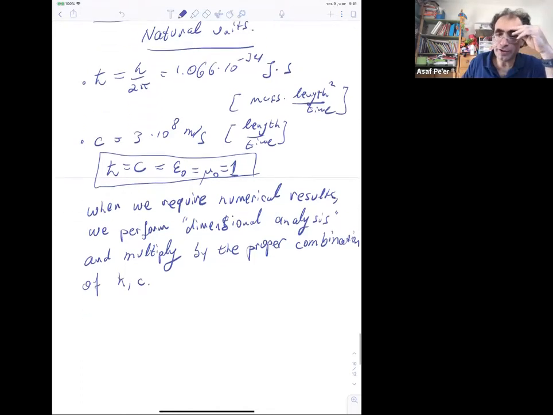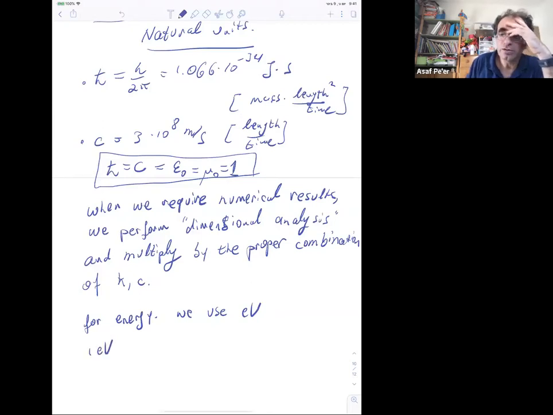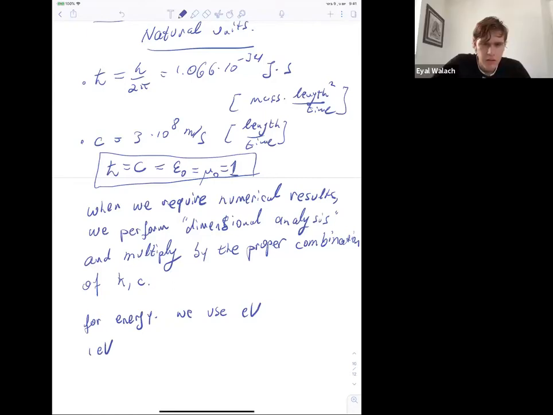So for the energy, the units that we use are electron volts. I already told you it's really GeV, giga electron volt. And of course, what is 1 electron volt? What's the definition? The energy that an electron gets after going through a voltage of 1 volt. Exactly.